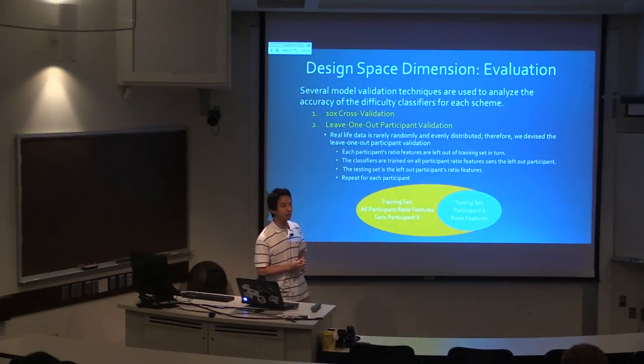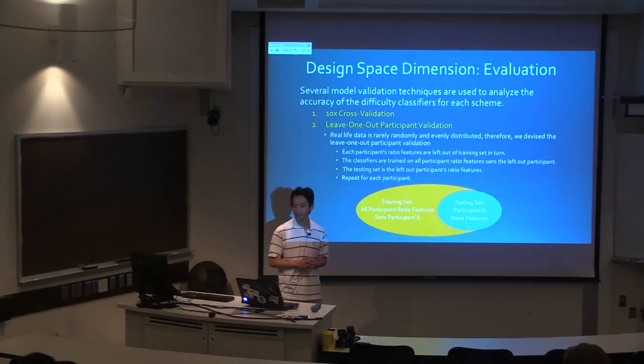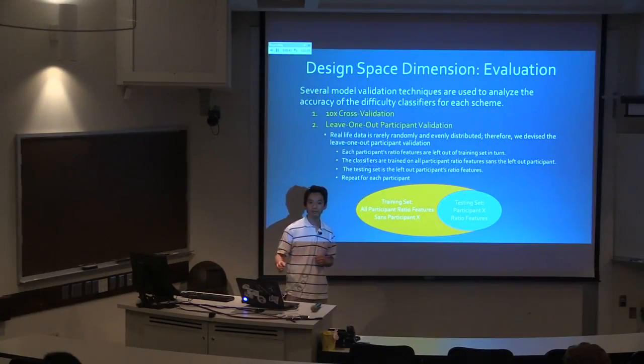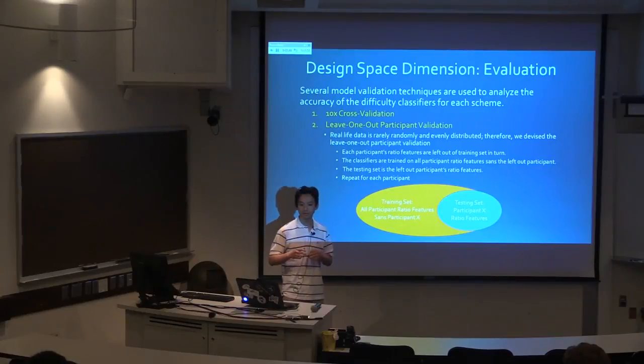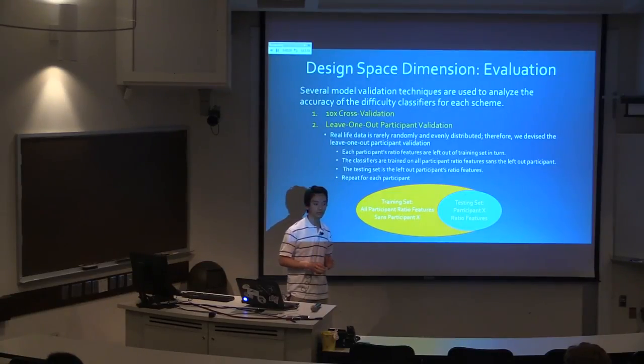And then we have leave-one-out participant validation, which is a special one we use for this research. What it does is that it leaves all the data for a participant out, one participant in turn, and then it trains the classifier on everybody's data besides the one that's left out. So it basically introduces independent testing samples.